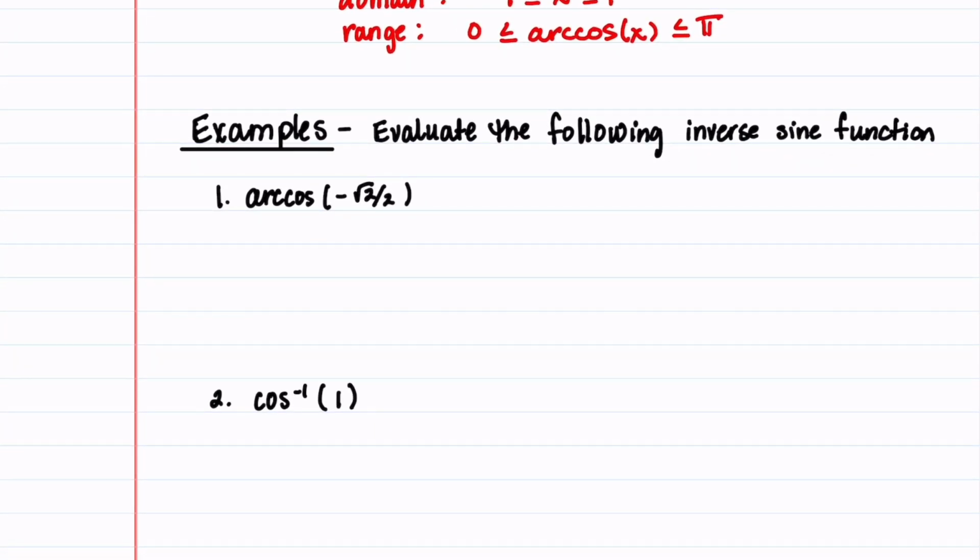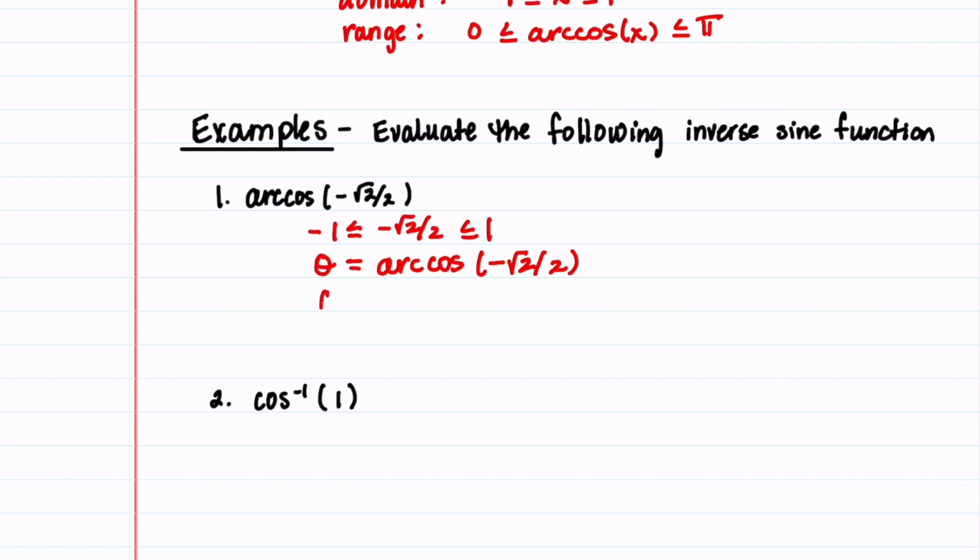To evaluate arccosine of minus root 2 over 2, we notice that minus root 2 over 2 lies between -1 and 1, so the function's defined. We'll let theta be arccosine of minus root 2 over 2.